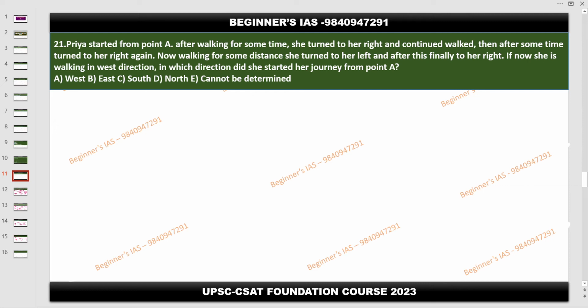This kind of question we did yesterday, right? One similar question we have done. Which model? You have to go back, back reading. Yes or no? Now read the question here. Priya started from here, point A, and after walking some time. Similar question or same question?